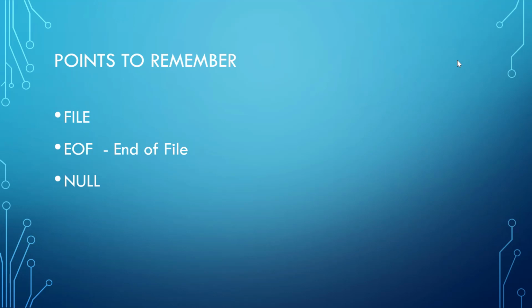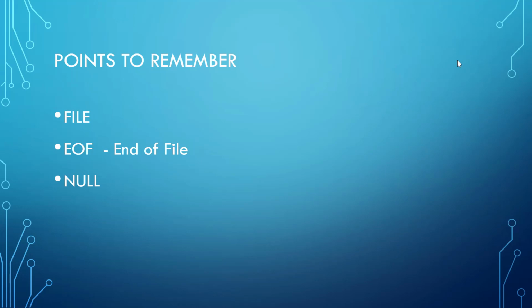And NULL. What does the file pointer contain? Whenever you create a file pointer, it stores the address of the file that you are creating. Suppose the file is not there, for example I'm reading a file from my hard disk, like E drive prakash.txt, and the file is not available. Then the file pointer contains NULL.